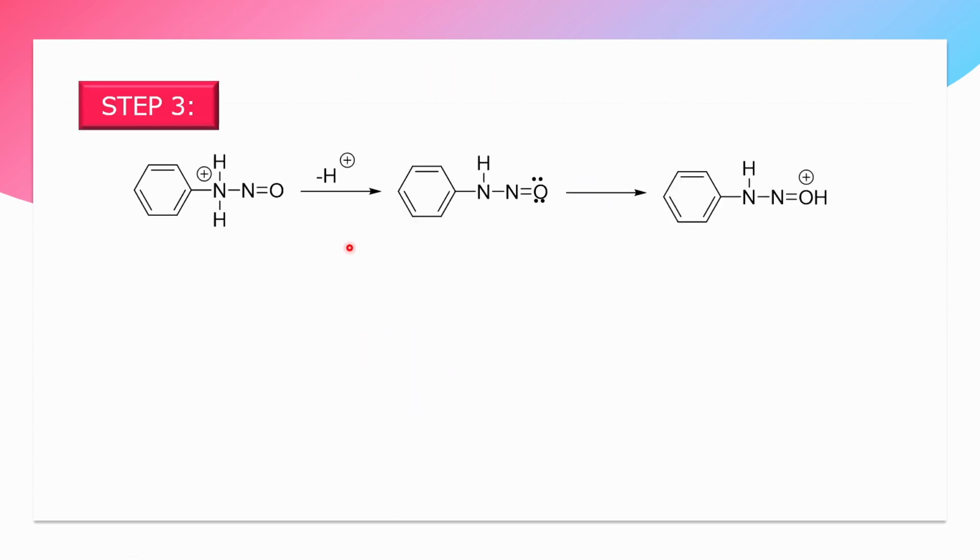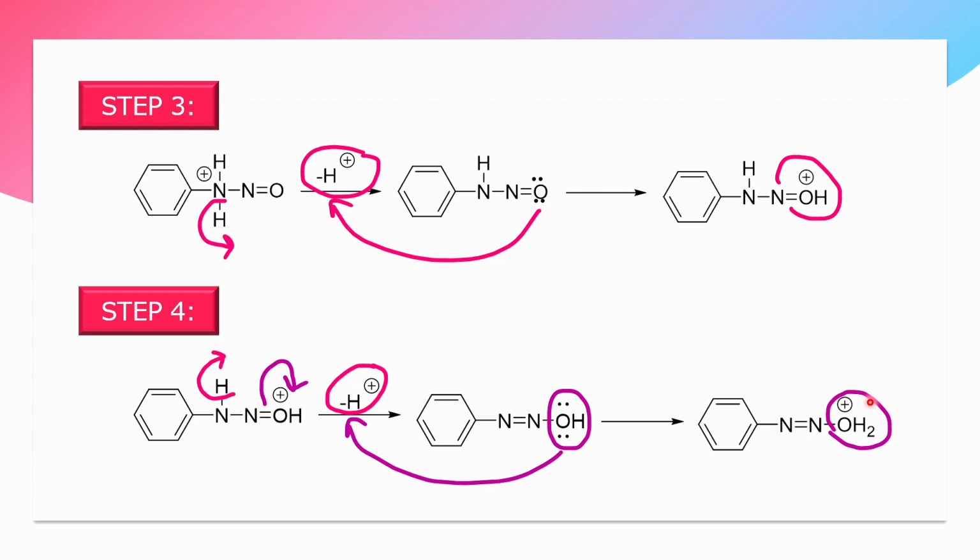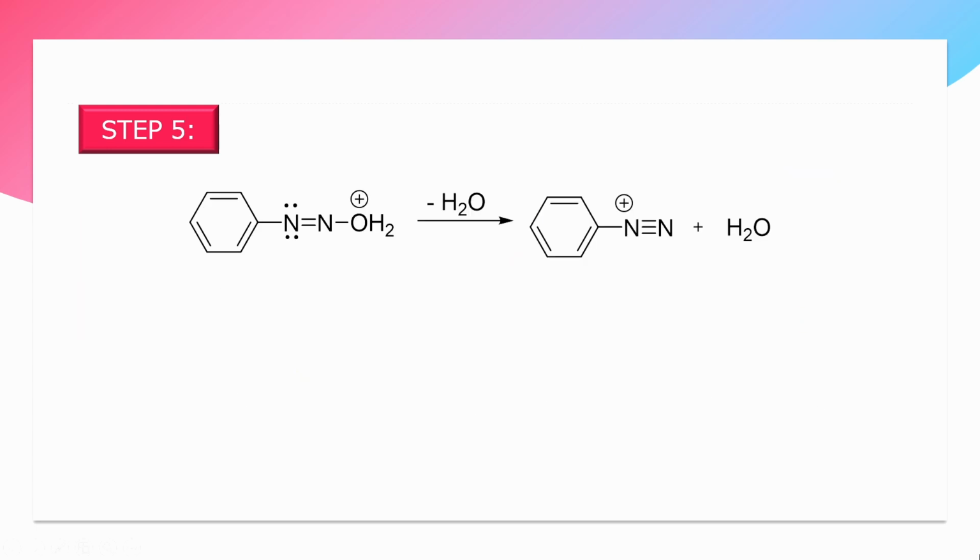In step 3, the hydrogen is getting out from here and then taken up by the oxygen, which has some lone pairs. In step 4, the same thing is happening until we get OH2 over here. In step 5, the water finally comes out and we get our diazonium salt. So this was the reaction mechanism of preparing an aromatic diazonium salt.